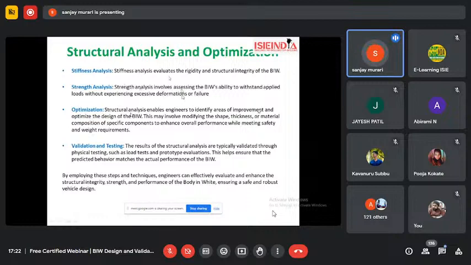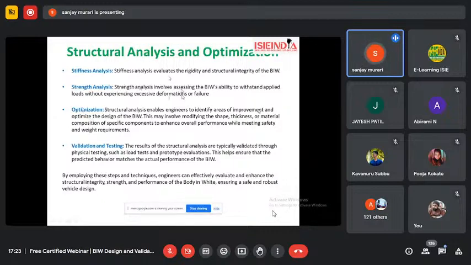It doesn't mean that I should increase the thickness or the weight of that component so that it will hold 100 Newton of load. Rather than that, we should try to change the design of it so that it holds the 100 Newton of load. That is the easier process.